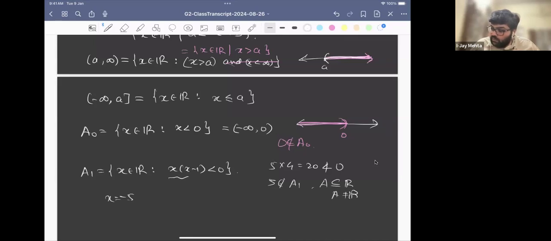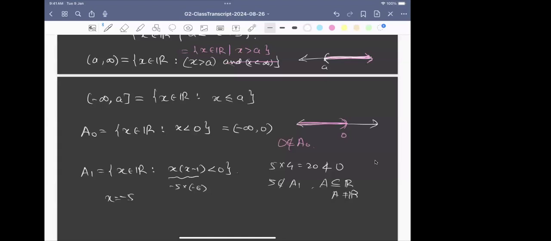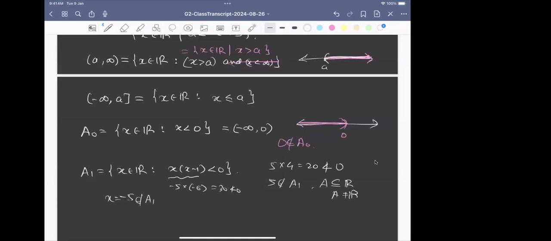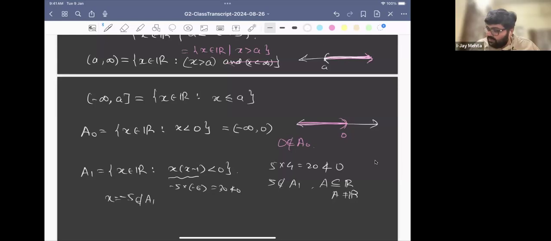What do we have here? -5 into... Ankita, does -5 belong to the set? No, sir. Again, this is equal to plus 30, not less than 0, so -5 is also not there. So 0.3. Yes, x equals 0.3.